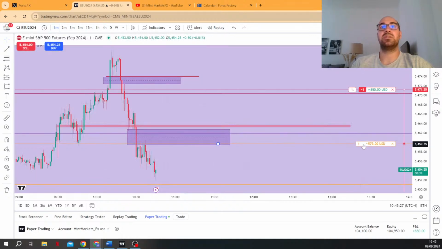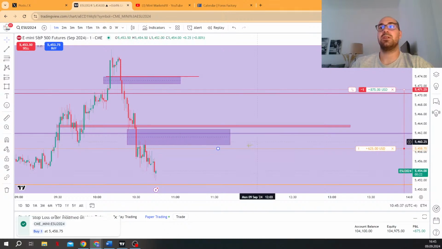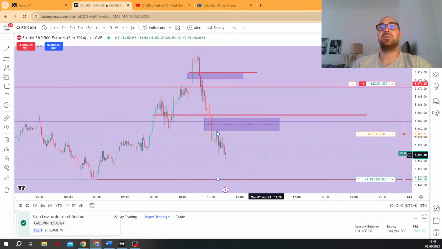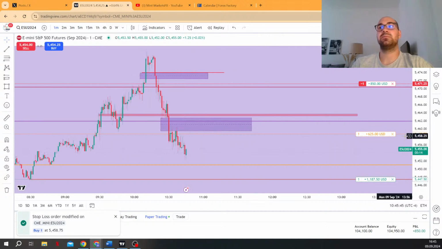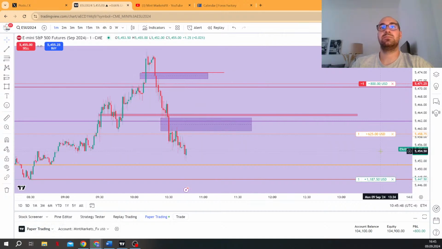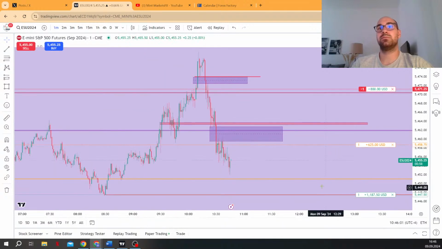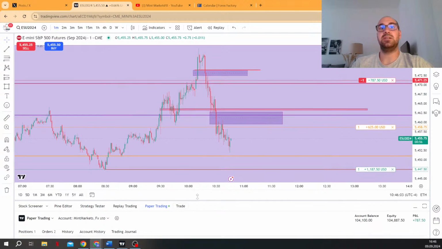And shall I move the stop a little bit lower? Probably, yeah. I think I can move the stop. I will bank a little bit more profit after we took out these lows here. Should stay heavy.